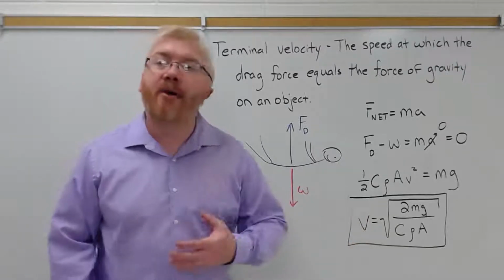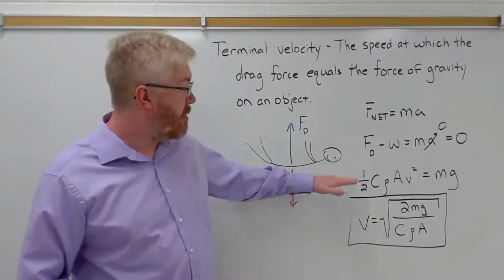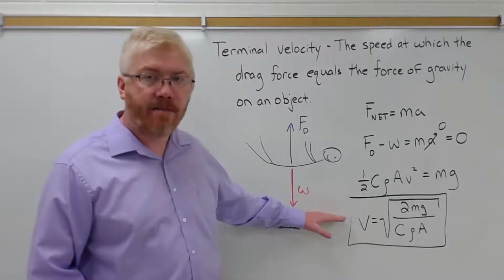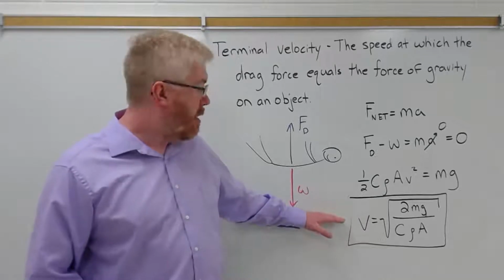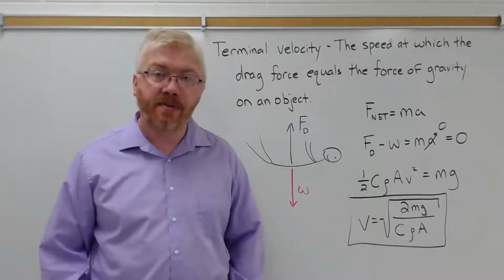But just note that algebraically, all of you should be comfortable enough with your algebra skills to manipulate this equation to go from this step, solve for v, to get to this step. And then once you're at this step, this is the terminal speed, you should be able to manipulate this equation to solve for any of these variables.